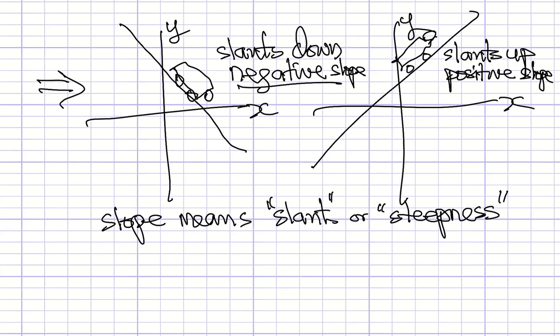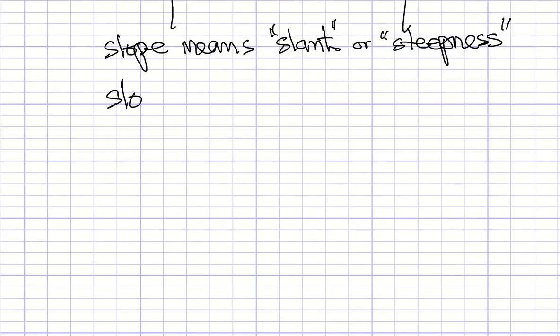Slope basically means slanting up or slanting down. That's what I call the informal definition. But there is a better definition, what I call the mathematical definition of slope. It's like this: slope is equal to rise over run.